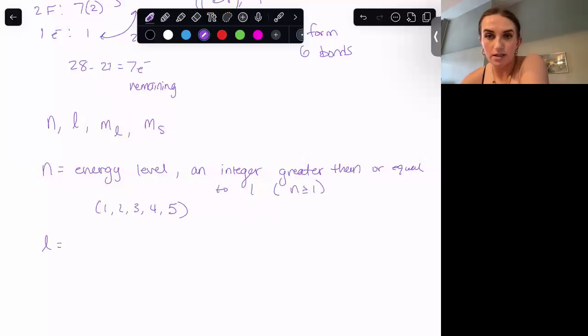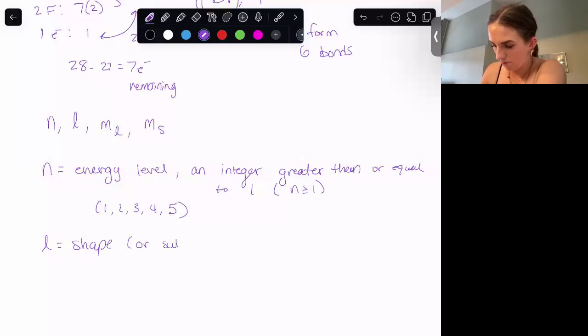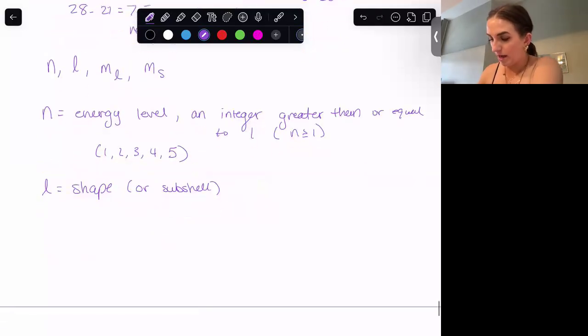L, does anyone remember what L is? Yep, this is going to be our shape, or our subshell. And right, does anyone remember our rule for L?